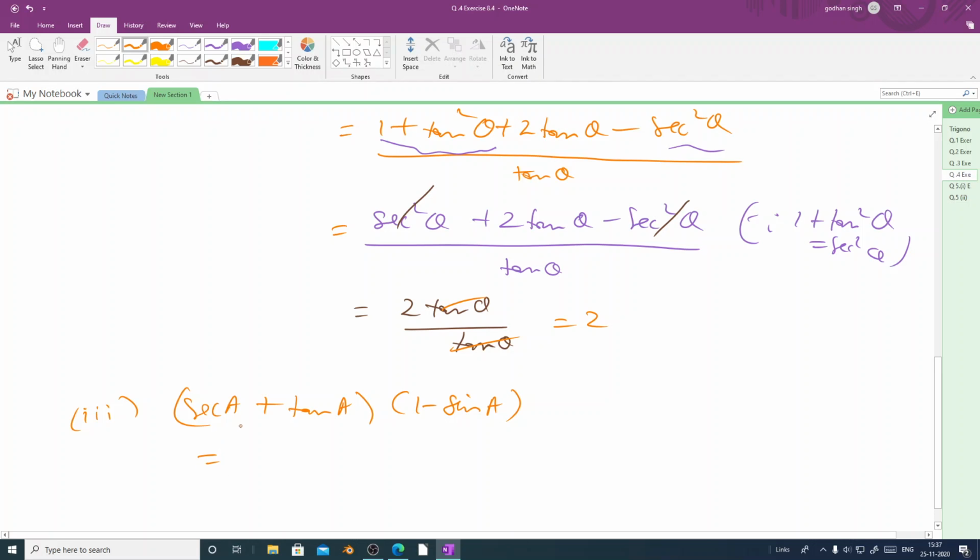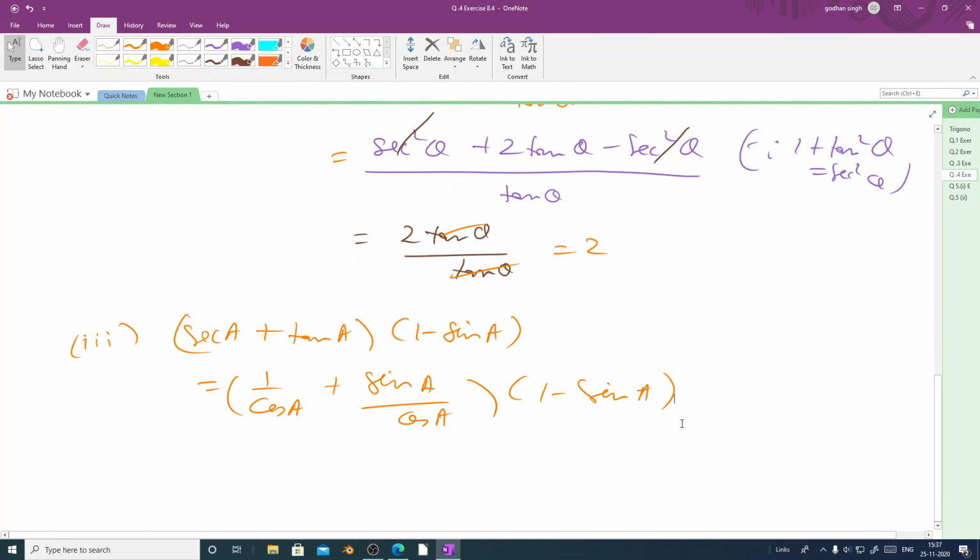Now what we'll do is convert sec a and tan a both in terms of sine and cos. So sec a can be written as 1 by cos a, plus tan a can be written as sine a over cos a, into 1 minus sine a. This we can write as 1 plus sine a over cos a multiplied by 1 minus sine a.